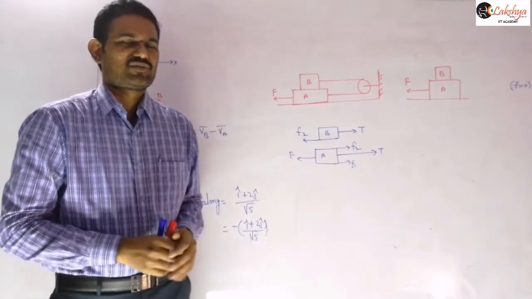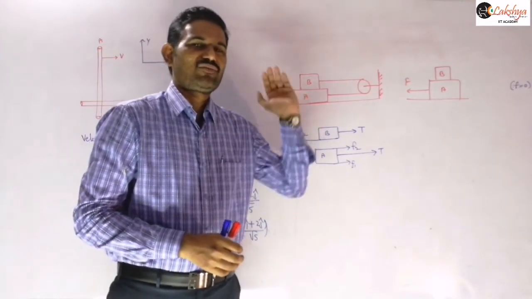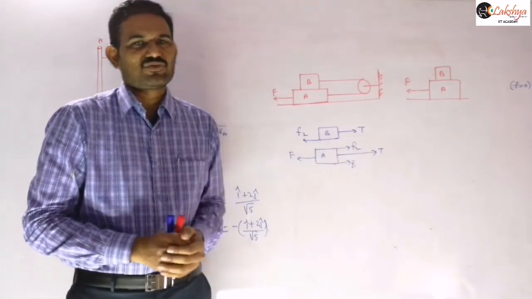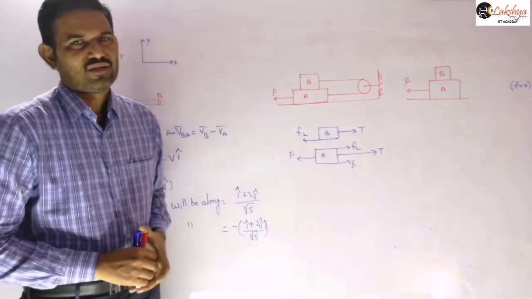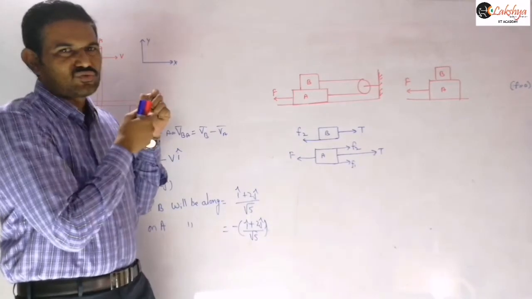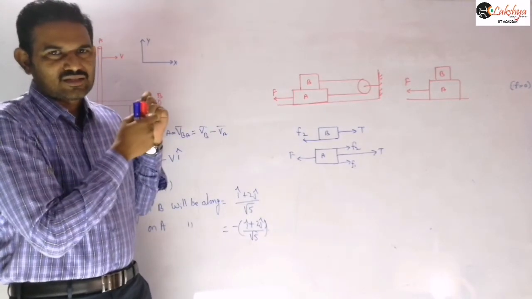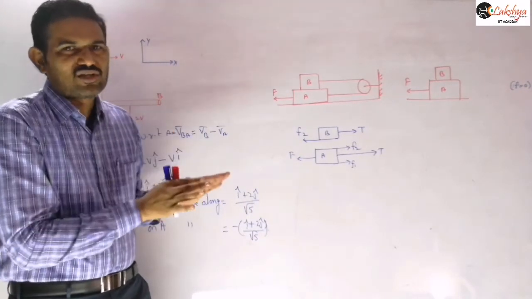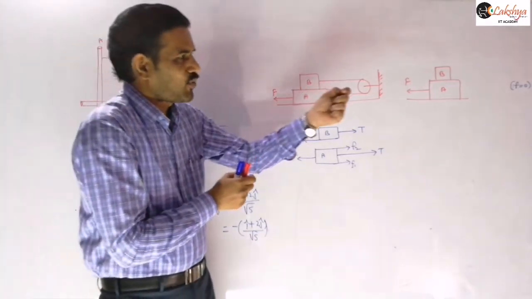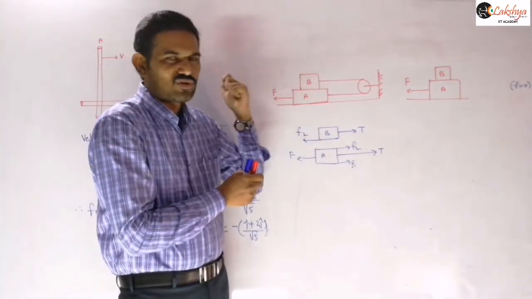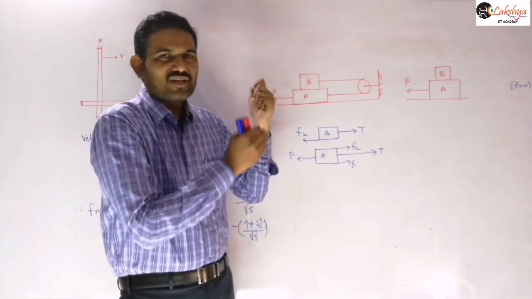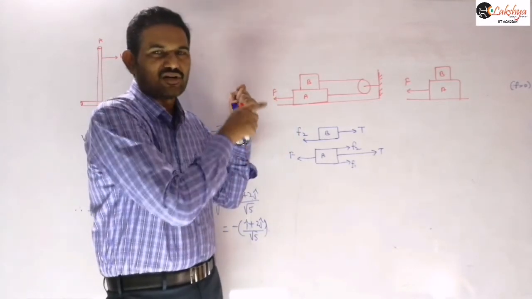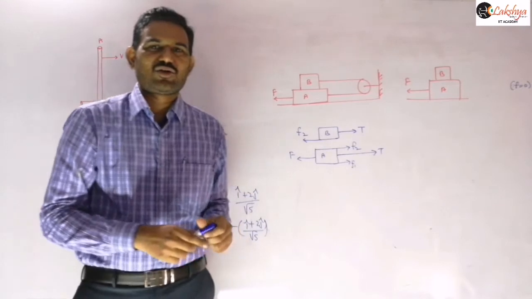Again the same concept. Simply think, if all the surfaces are smooth, what will happen? Block A will start moving, and block B will fall there only, as friction is not there. As block A is moving towards left, it has a relative motion towards left, and so the friction should act in the opposite direction.